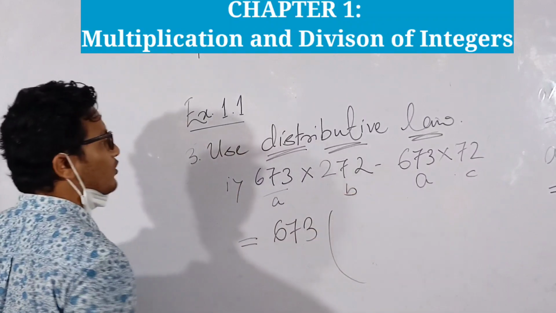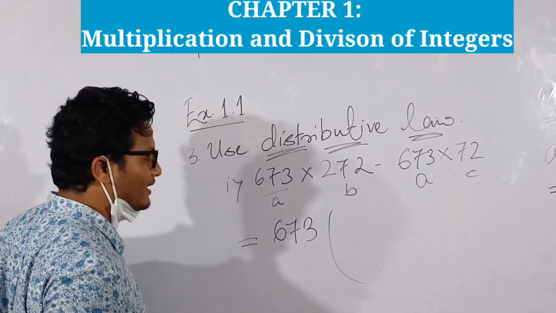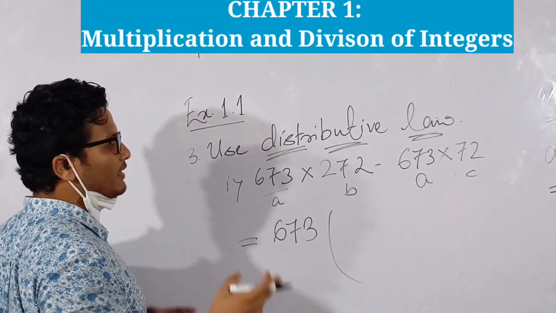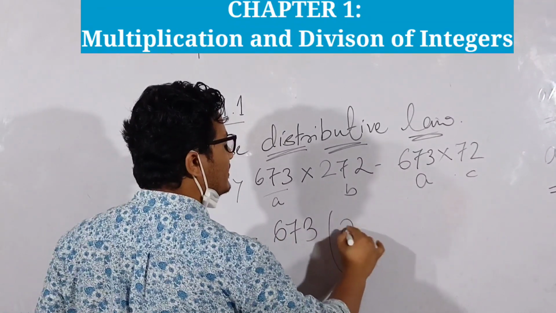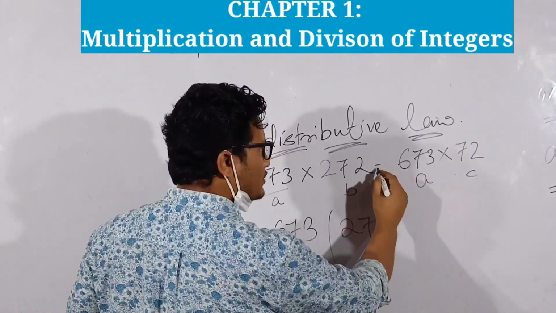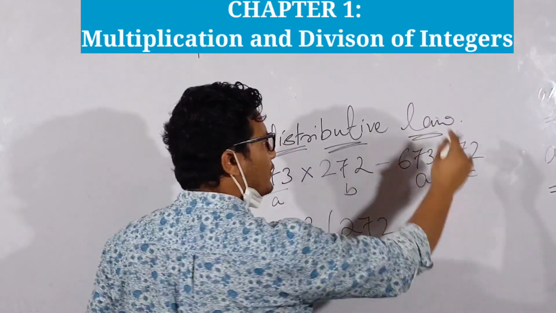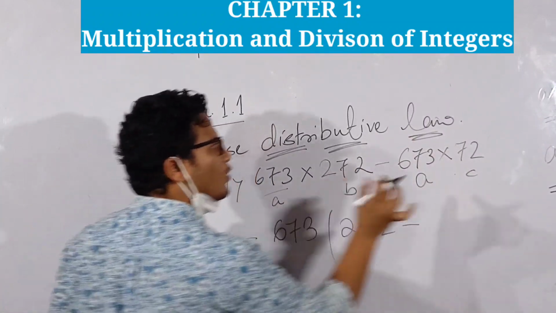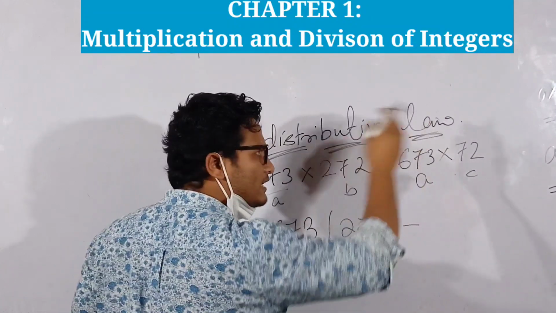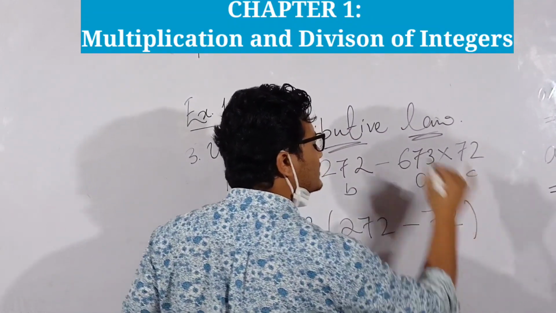If we take 673 common from both of these, what do we have in the remaining? We have 272 from the first part, that is b. In the middle we have a negative sign. And since we took 673 common, what is the remainder? The remaining part is 72, which is c.